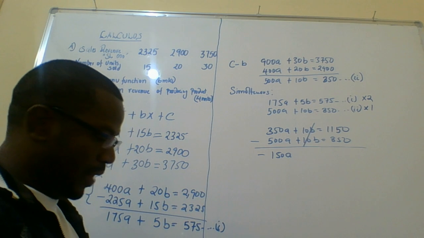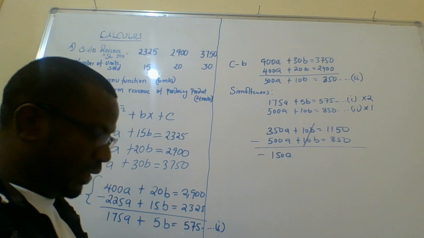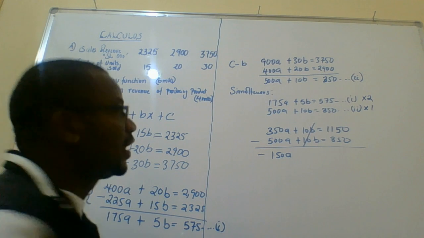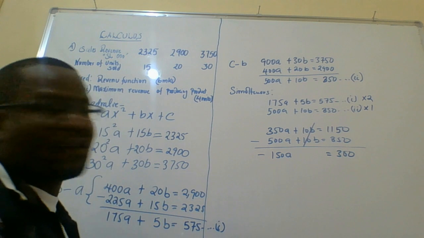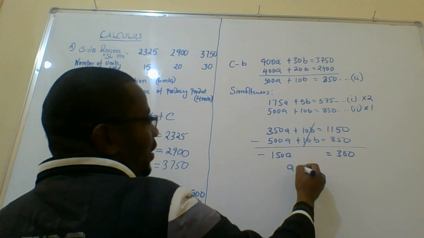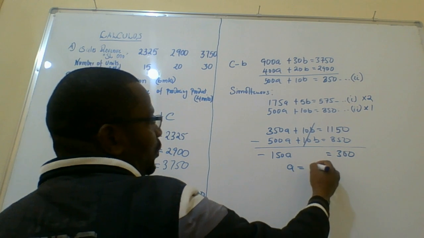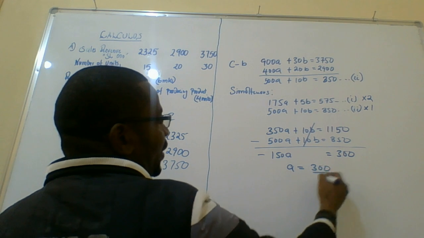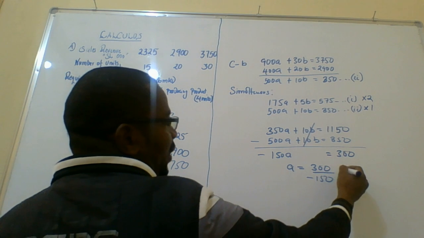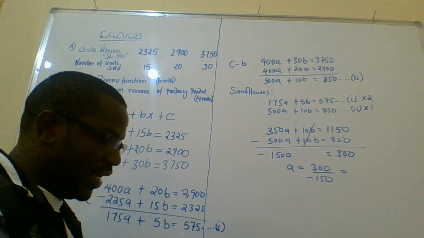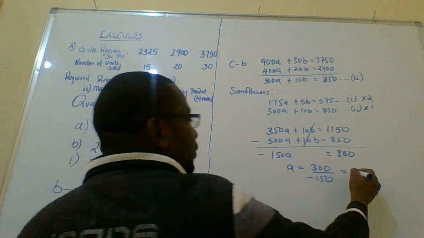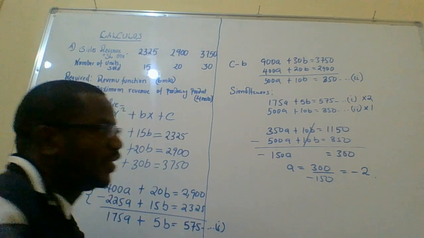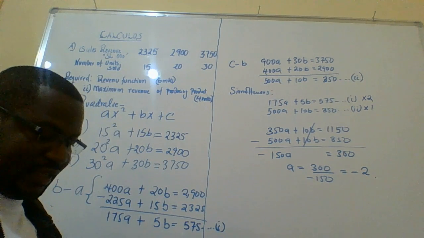Therefore, 1150 minus 850 is 300. So, what is our A? A is equal to 300 divided by negative 150, whereby our A is equal to negative 2. Our A is negative.